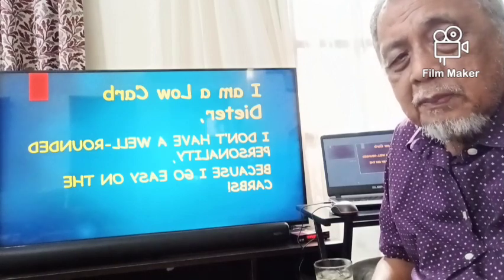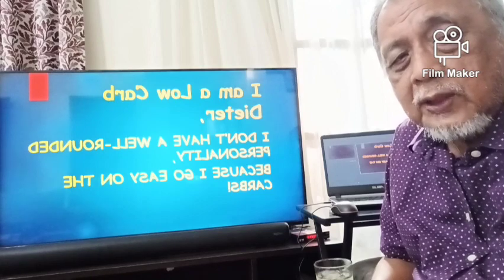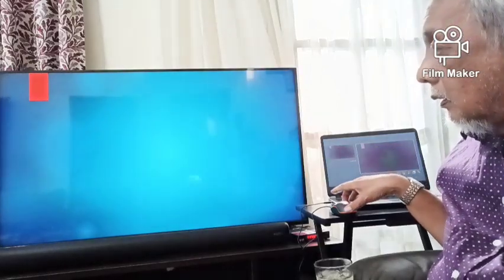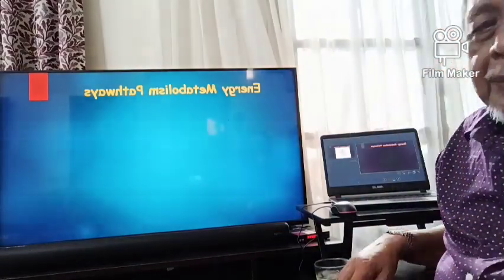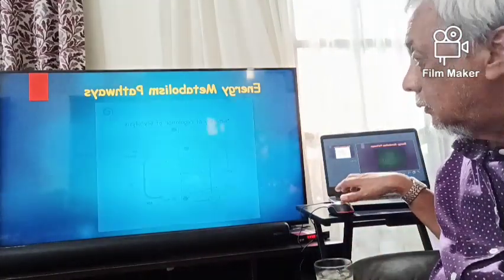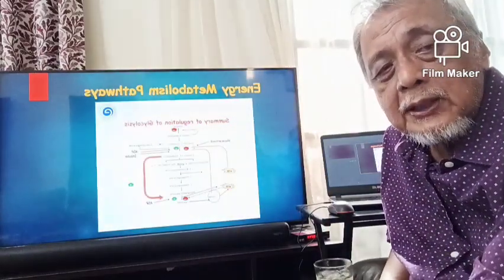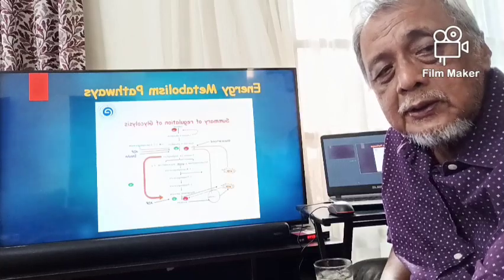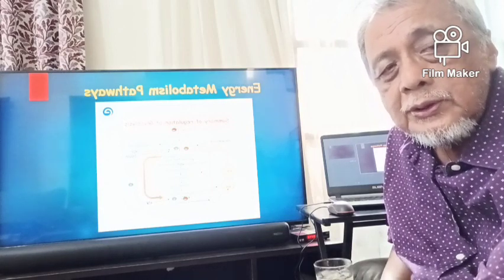And there are basically two regular and normal pathways, one of which is the process called glycolysis. So it's basically the transformation of the ingested carbohydrates into a simple sugar called glucose.